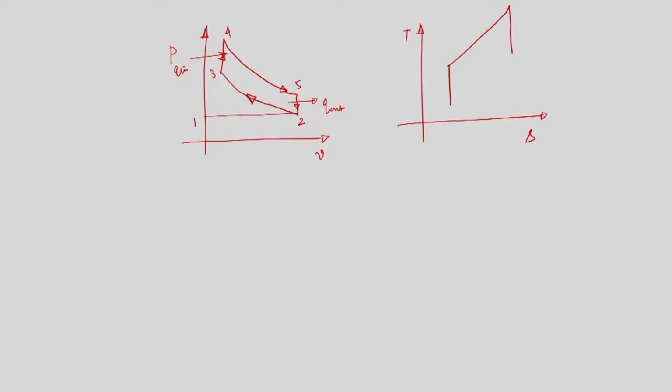Then again it is isentropic expansion, and then we have constant pressure heat rejection, so temperature will drop. So, this is 2, 3, 4, 5 in the TS plane, and this is the PV plane.